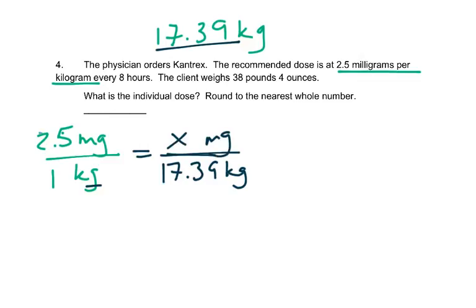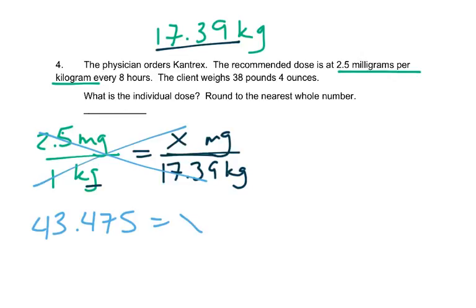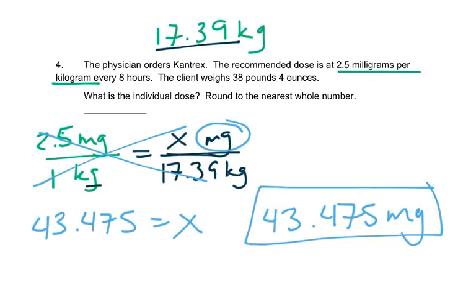So we'll cross multiply. 2.5 times 17.39 gives us 43.475. And then 1 times x is x. Now that x is in front of milligrams, so that's our units. We have 43.475 milligrams.